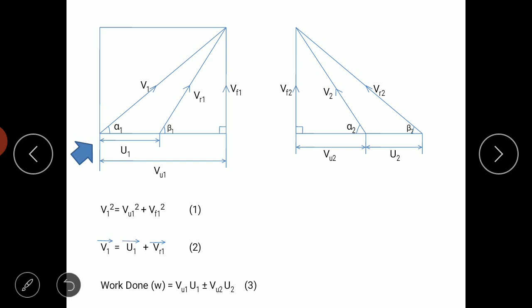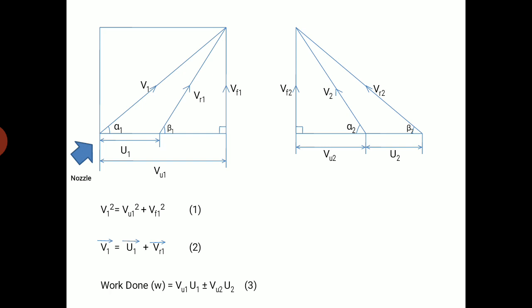Now we'll try to understand the other part. We can see water is coming out of the nozzle, making an angle alpha 1 with high absolute velocity v1. Now when it is made to strike the moving blade, it will be hitting the moving blade with velocity vr1, making an angle beta 1.